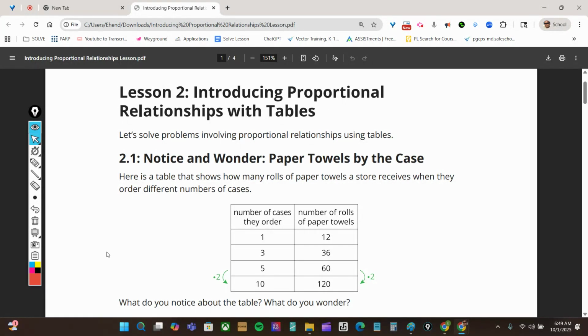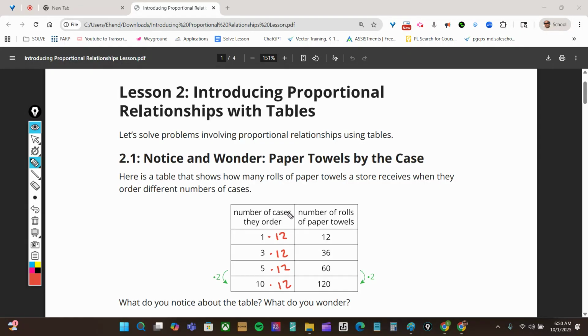All right, so hopefully you notice that each of these is multiplied by 12. And that 12 right here would be the constant, okay?